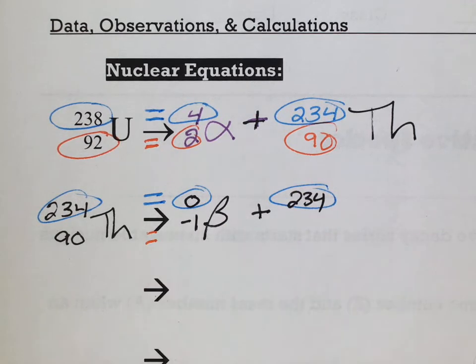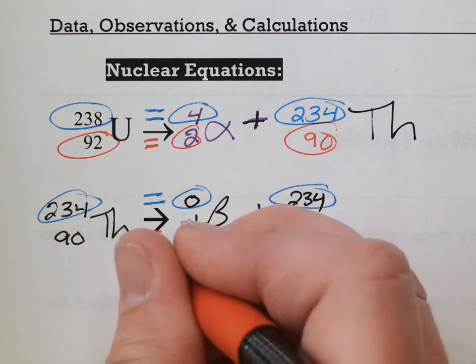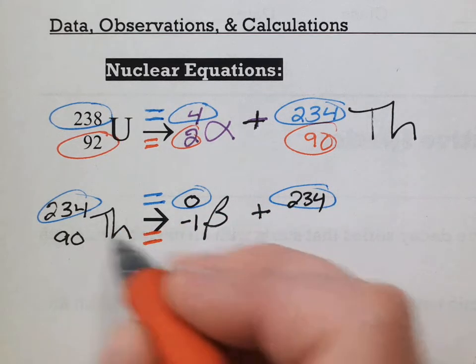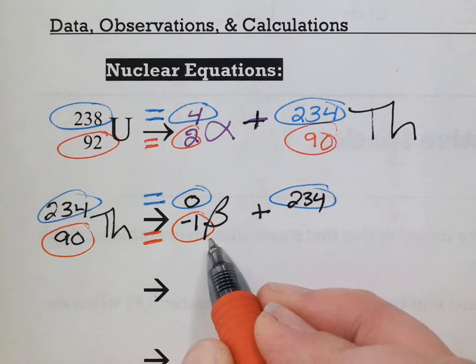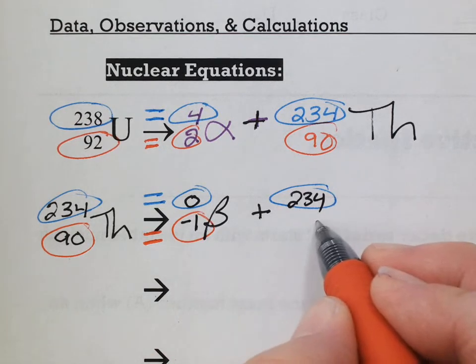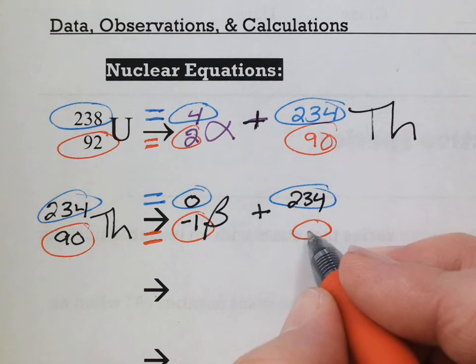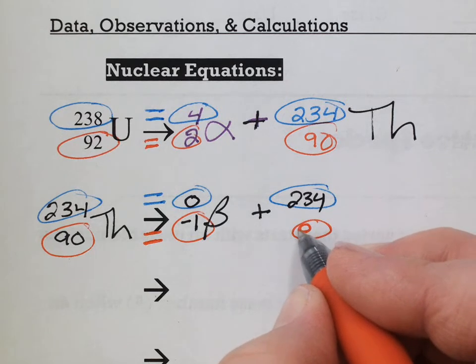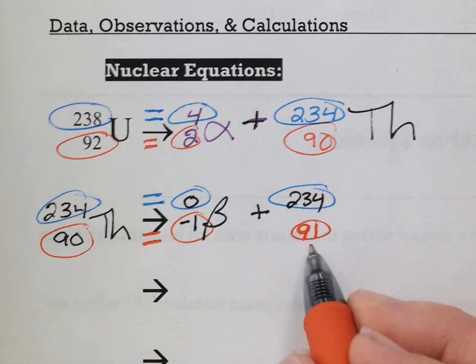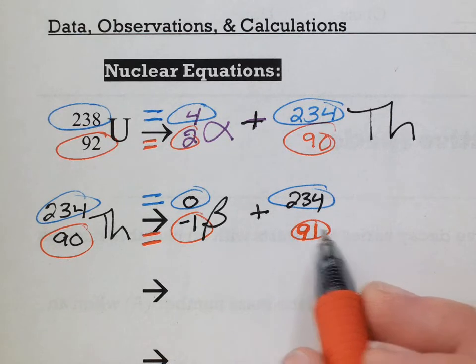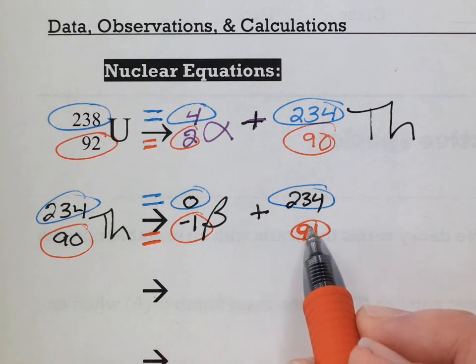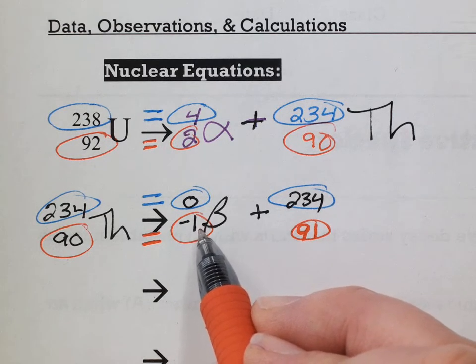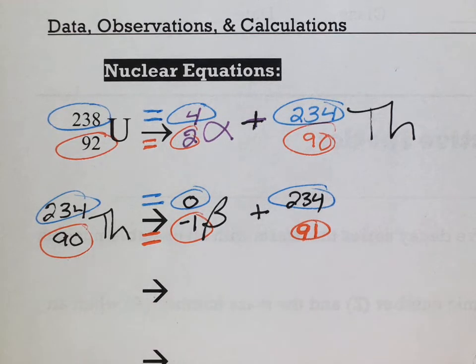The charge is where you want to be really, really careful. 90 equals -1 plus, this has to be 91. Some people will say, oh, 89, but then think about it. 89 and -1, put them together, they do not equal 90.